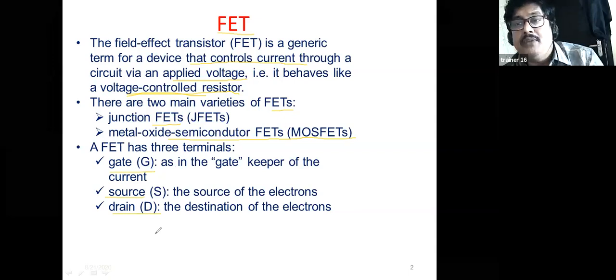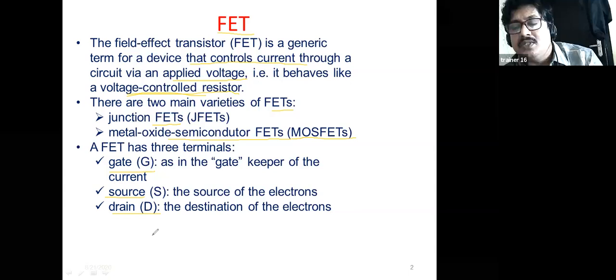In the previous class, what we discussed in BJT, the bipolar junction transistor, three terminals are there. The names of the terminals are emitter, base, collector. But here, gate, source, and drain.